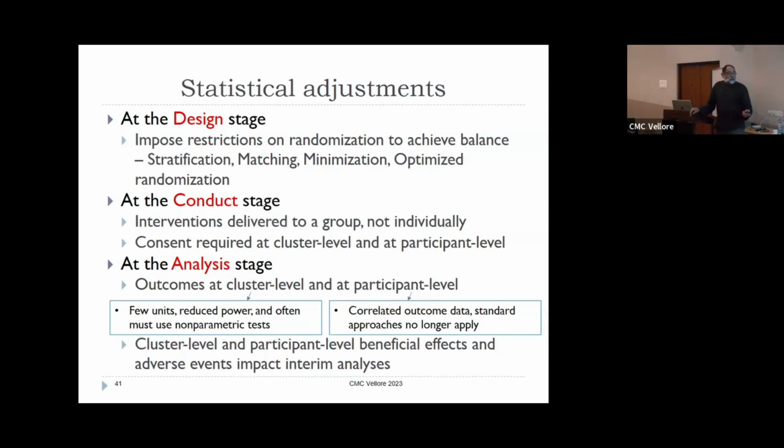And so when you do this, in these cluster designs, now you have to look at the benefits and adverse effects and harm, not only at the participant level, but at the cluster level. If we had, for example, out of those 40 beauty salons, we lost 3. We had lost about 12.